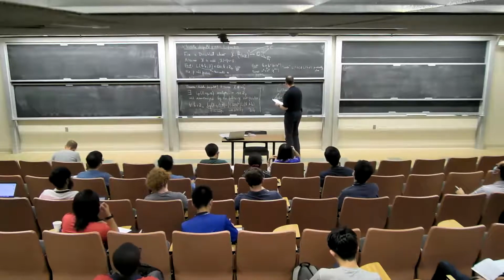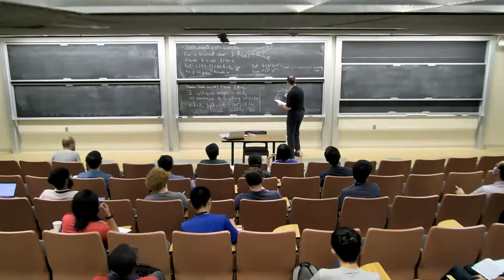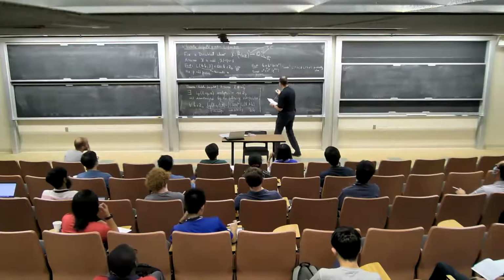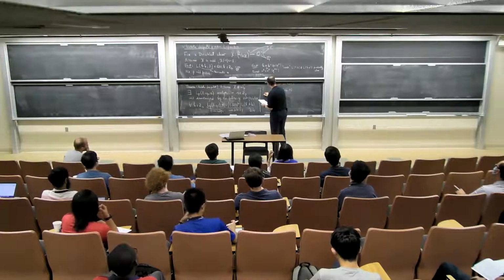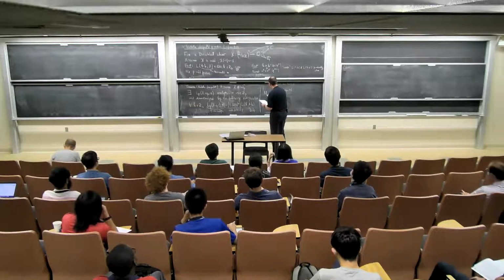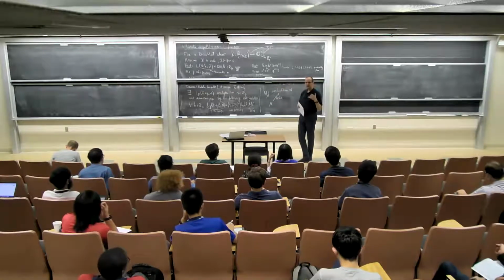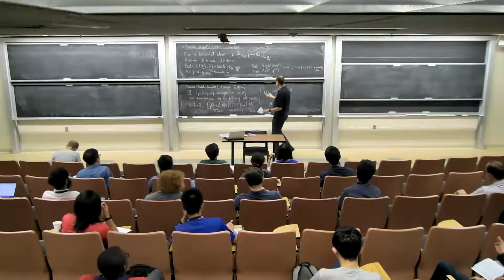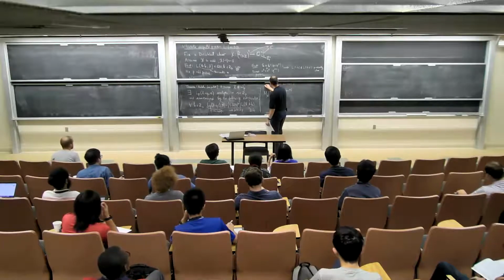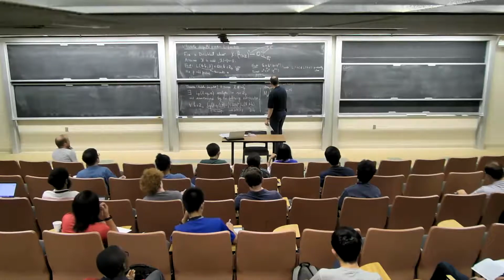So this thing here will be the Mellin transform. So mu is a measure, and the Mellin transform of mu is a distribution on characters on Z_p star. Okay, so here you feed in a continuous character on Z_p star.